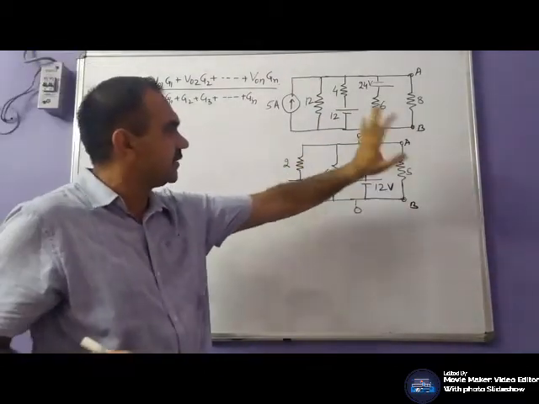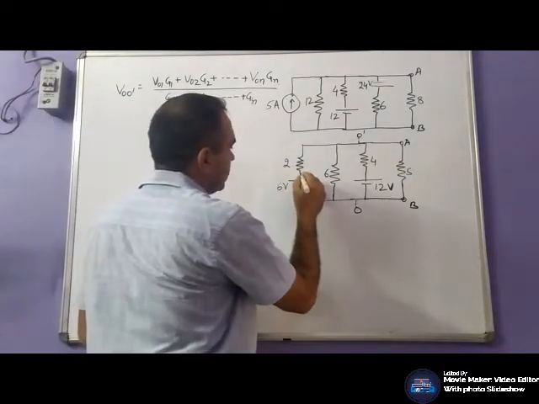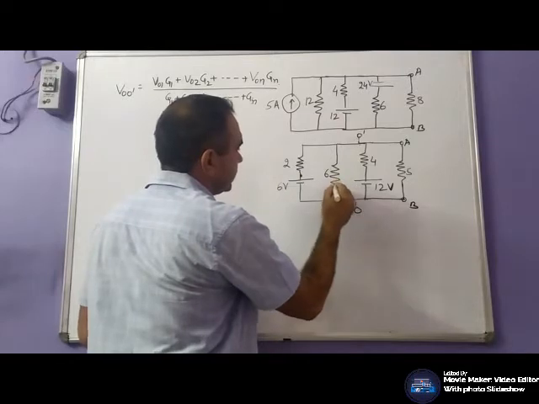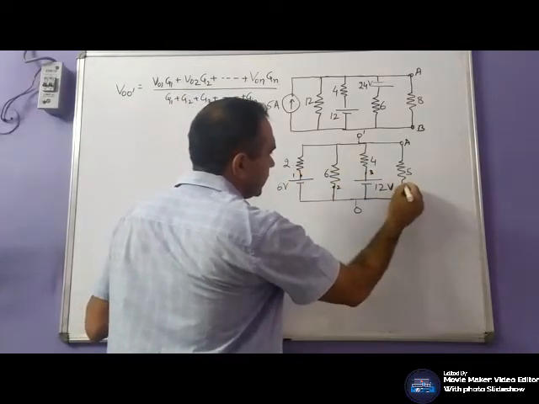First, directly, what will be the VO dash? Let this be point 1, 2, 3, 4.